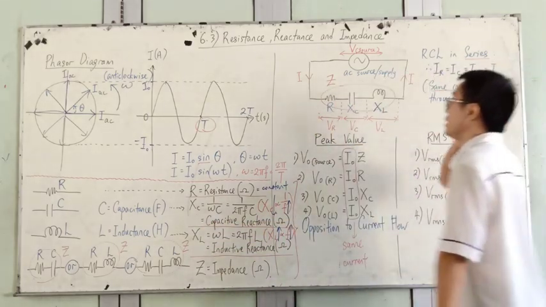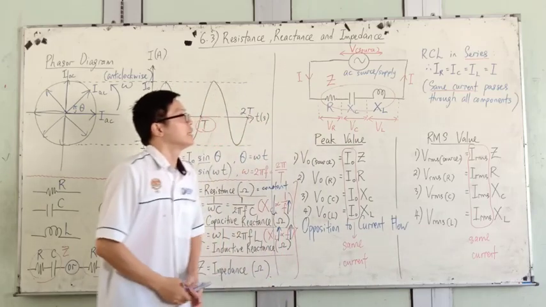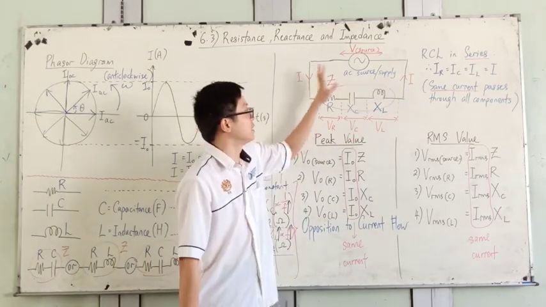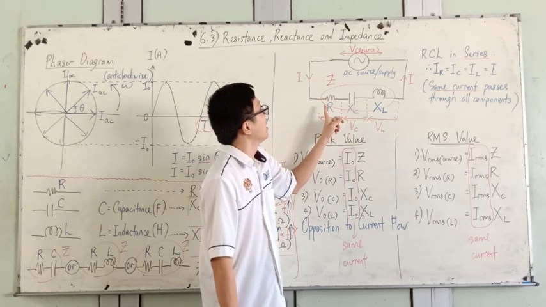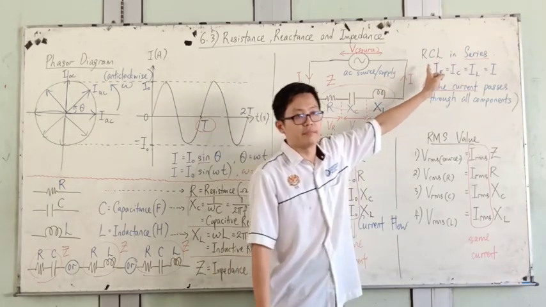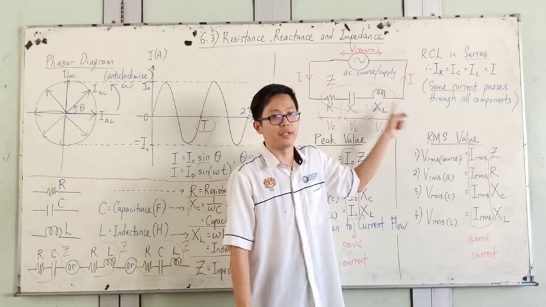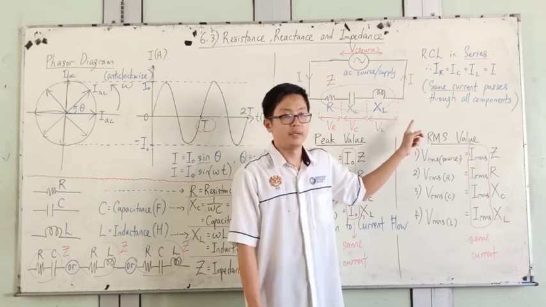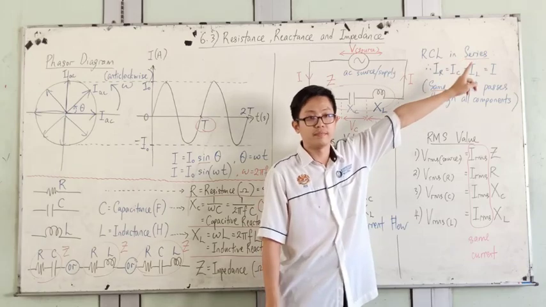Okay, so that is about resistance and reactance. Now, this is one example of an RCL circuit. It has all three components. You have a resistor, you have a capacitor, you have an inductor, and they are connected in a series circuit.